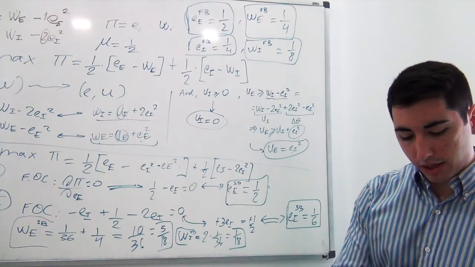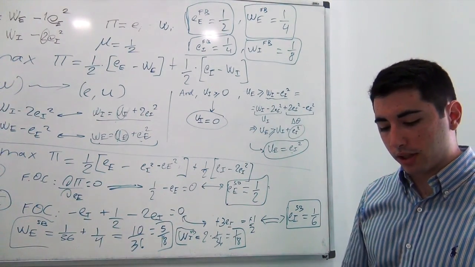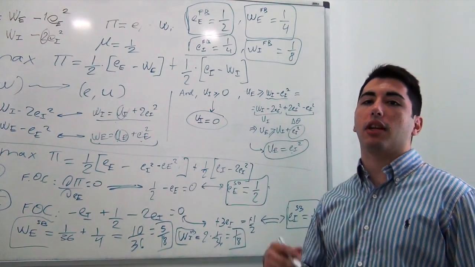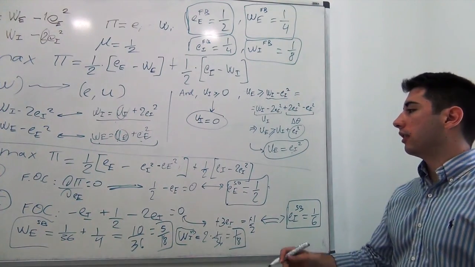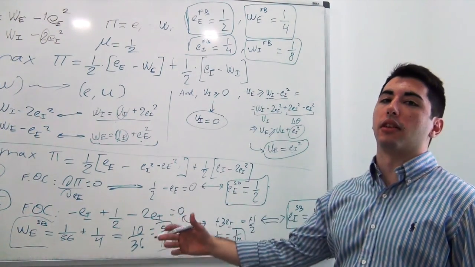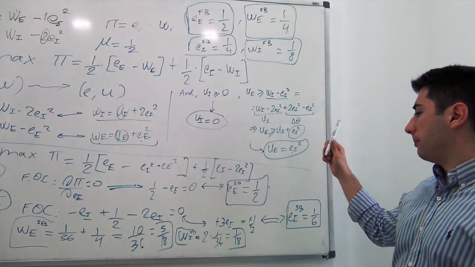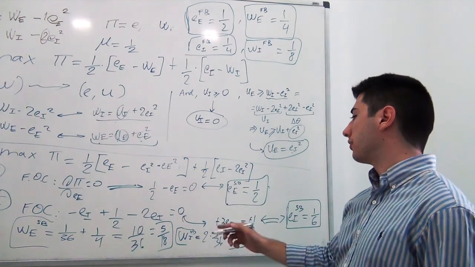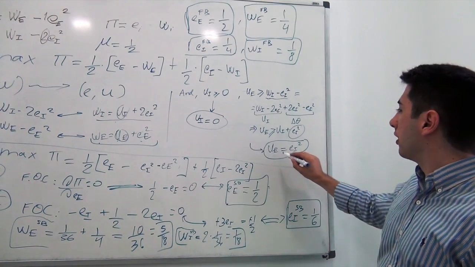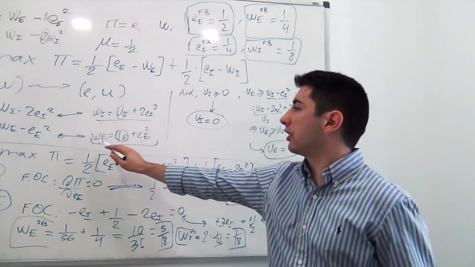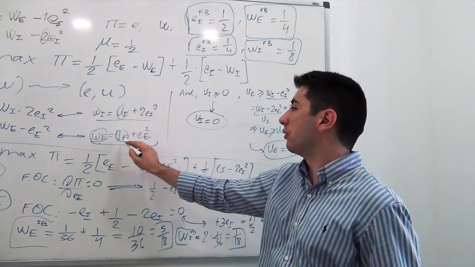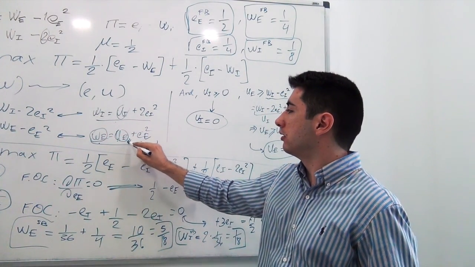Finally, there's a trade-off between information extraction and efficiency in the second best, because of course the principal would like to decrease this and this as much as possible, so he would like to make this go down.